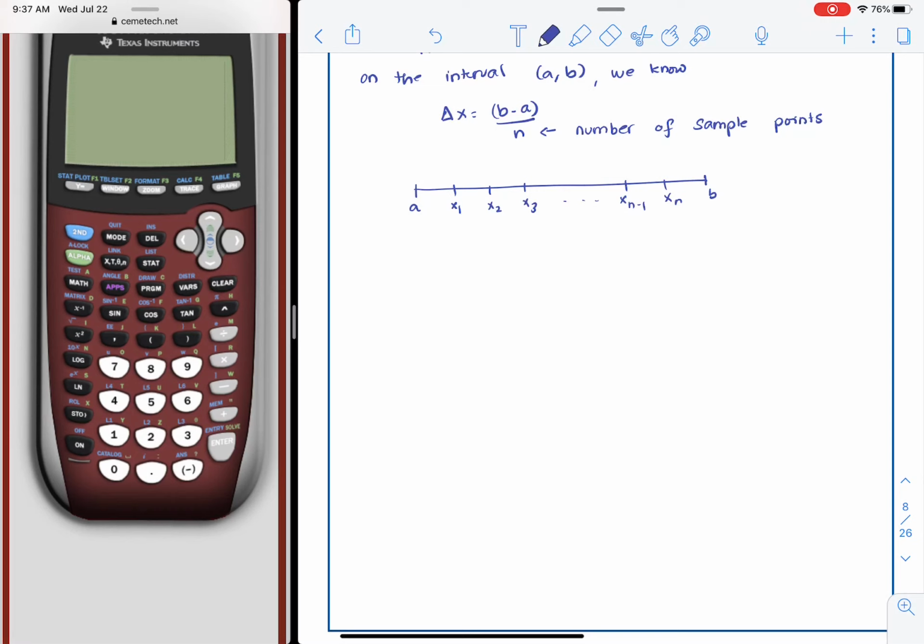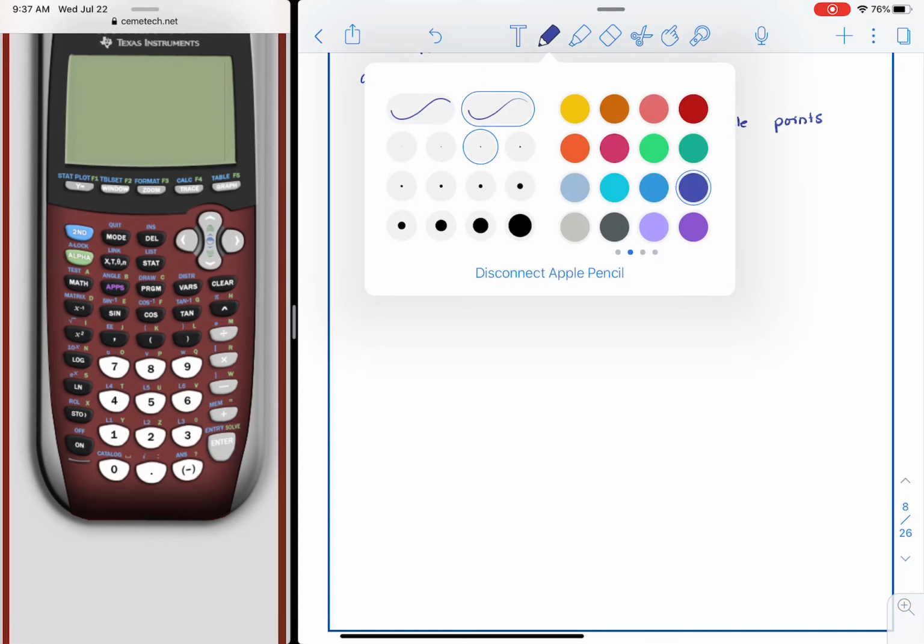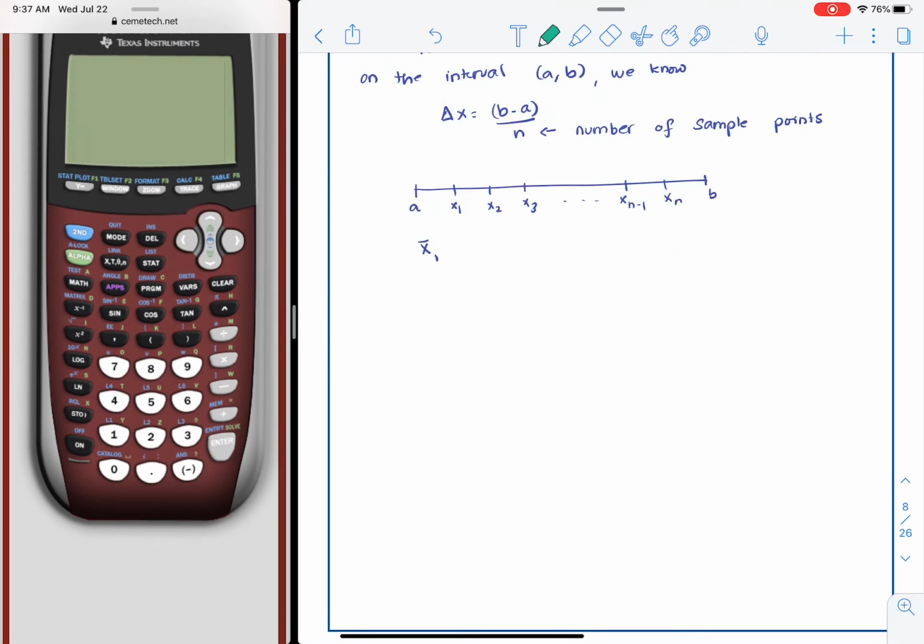I can denote this x bar 1, which is the midpoint between x1 and x2. x bar 2 is the midpoint between x2 and x3. And x bar n is the midpoint between xn and xn minus 1.